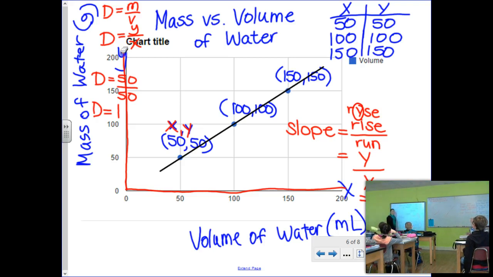What's my x? What's 50 divided by 50? Why should we put grams per milliliter? Because it's the density! Look at that there, and look at this here. Mind blown. There's your relationship right there.